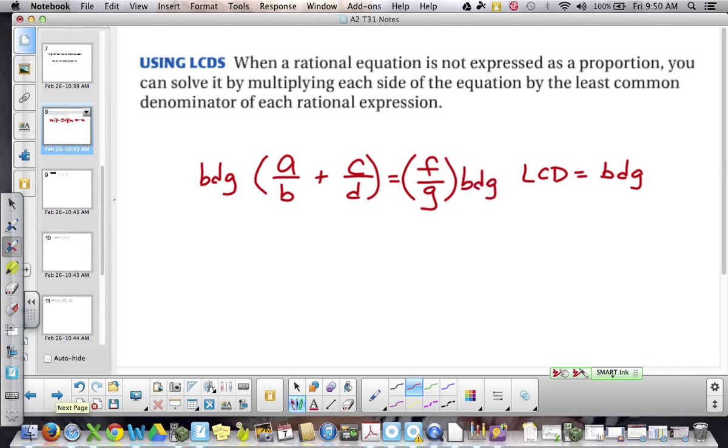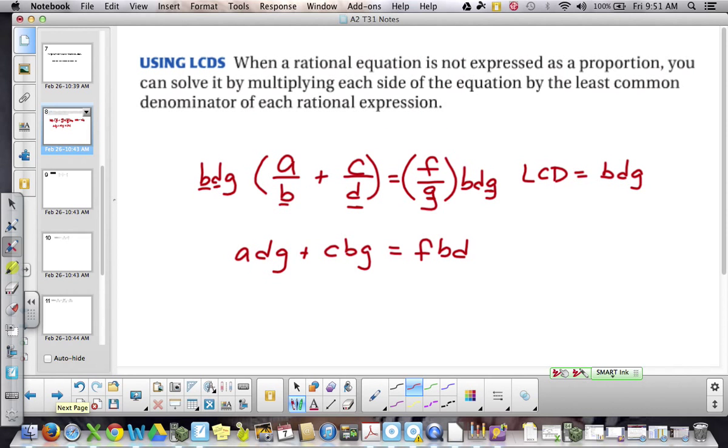When you multiply a over b times bdg, the b's cancel out, so you end up with just adg, plus, when you multiply c over d times bdg, the d's cancel out, so you just end up with cbg. And over on the other side, when you multiply f over g times bdg, the g's cancel out, and you end up with fbd.